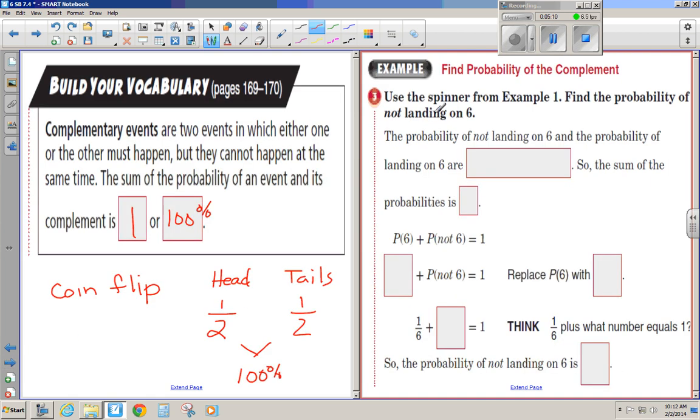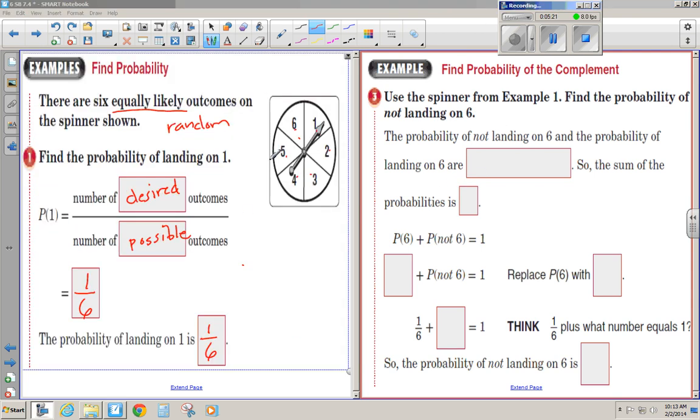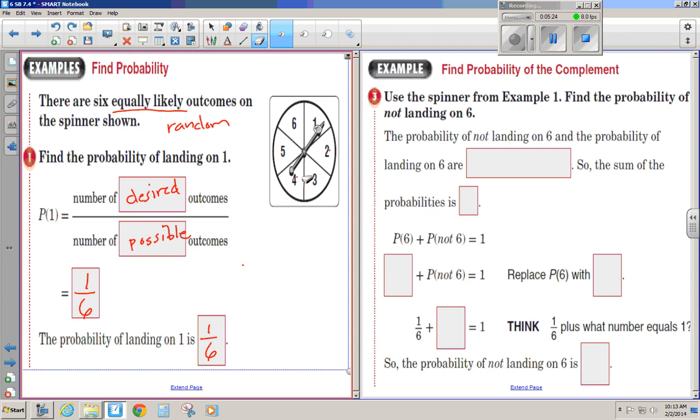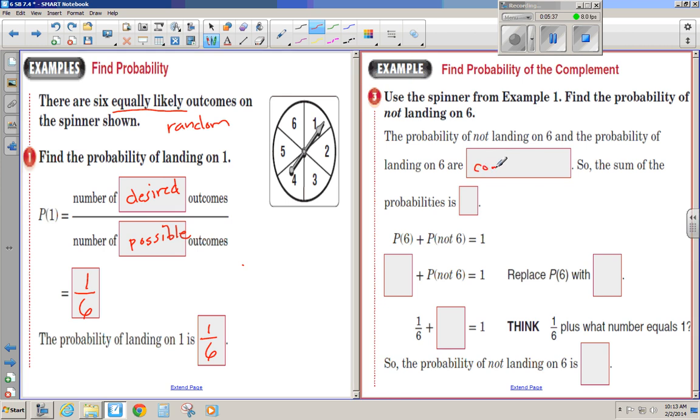So use the spinner from example 1 to find the probability of not landing on a 6. Here's the spinner from example 1. The probability of not landing on a 6 and the probability of landing on a 6 are complementary. So the sum of those probabilities is 1.